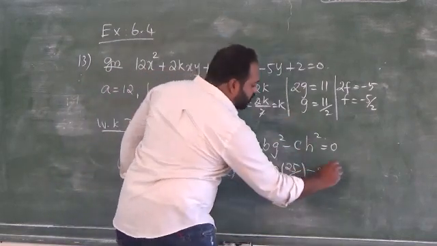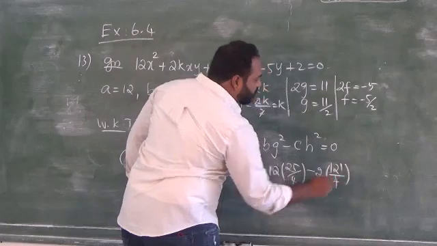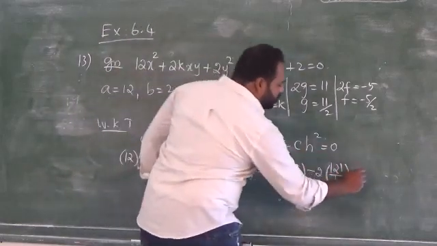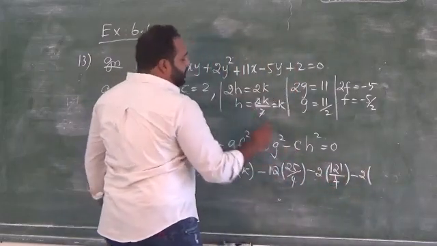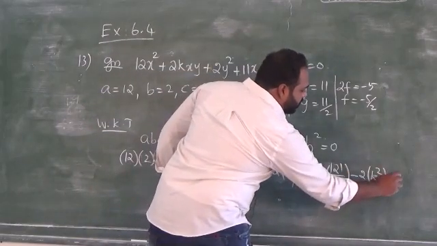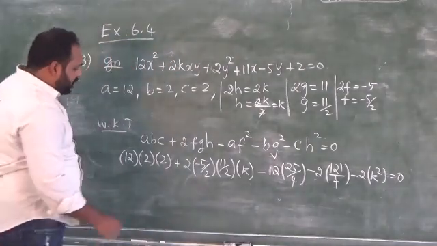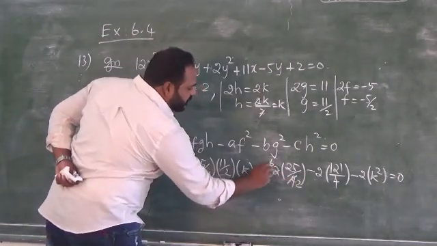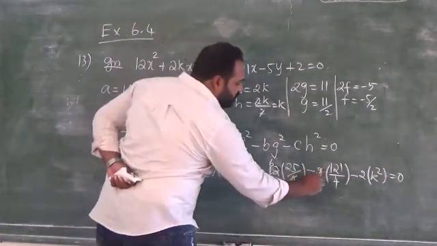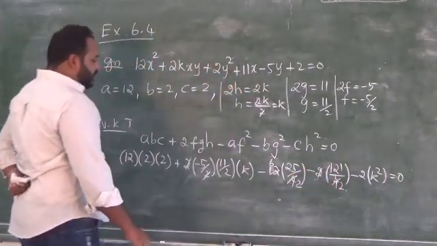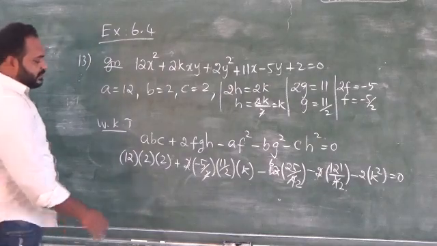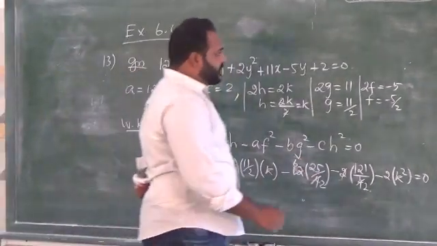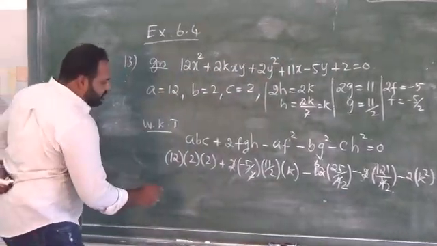G square is 121 by 4. Next, minus c, c is 2, h square is k square. This k square equal to 0. Now here we have some cancellations. Then I need a common denominator because some of the terms are fractions. Before that, we just do a simplification.